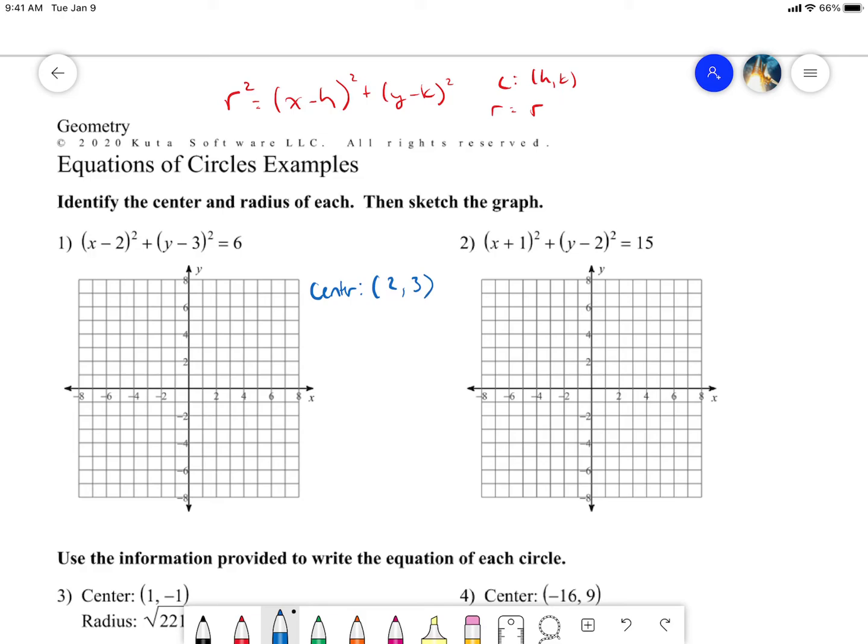Because this point is my x coordinate for my center, and this point is my y coordinate for my center. So I now know where the center of this circle is going to be. I'm going to go over 1, 2, and up 1, 2, 3. And here's my center.